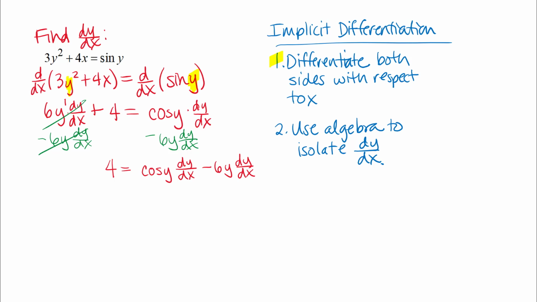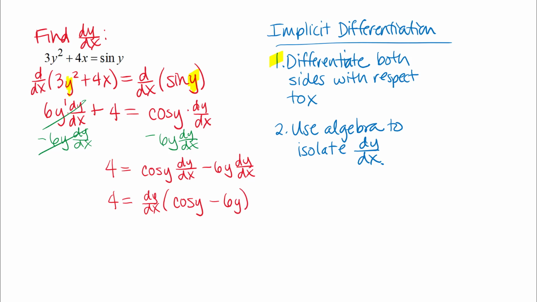And then the next main step is to factor out a dy dx. So this time on the right side of the equation, I have dy dx that I can factor out of two terms. So I'm left with cosine y from the first term and then minus 6y from the second term.